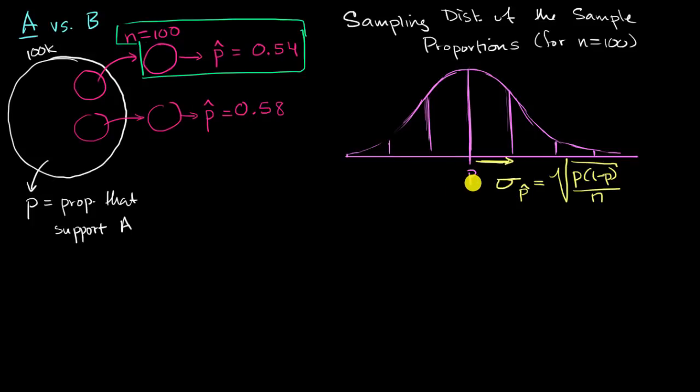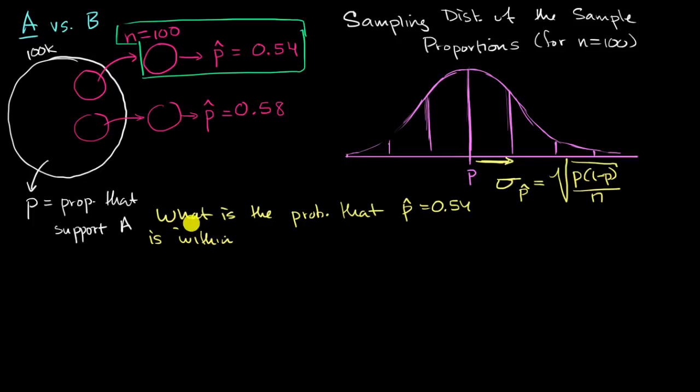But let me ask you maybe a slightly easier question. What is the probability that our sample proportion of 0.54 is within 2 standard deviations of p?